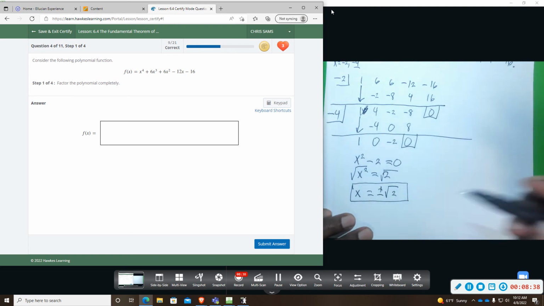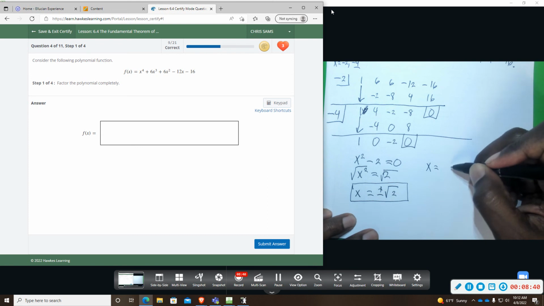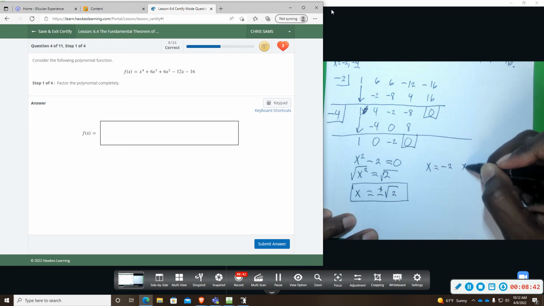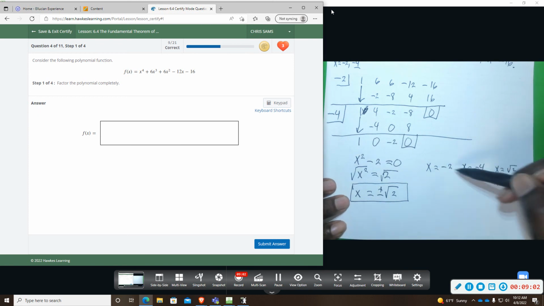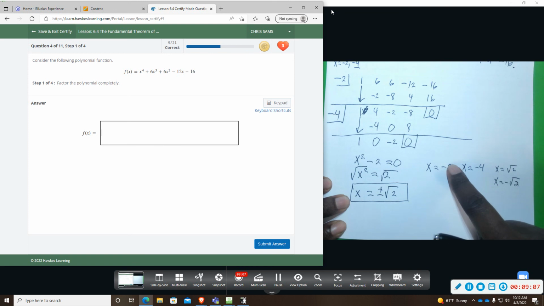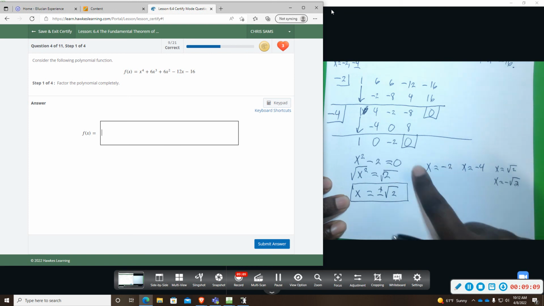But we get all of our zeros. So x equals -2, x equals -4, x equals positive square root of 2, and then x equals negative square root of 2. So this is all 4 zeros that we just found, and it wants me to factor completely. So when they say factor completely, you just basically take the zeros and write them as linear factors, which means set it equal to 0 by moving this to the other side.